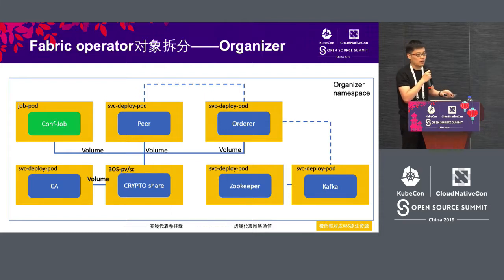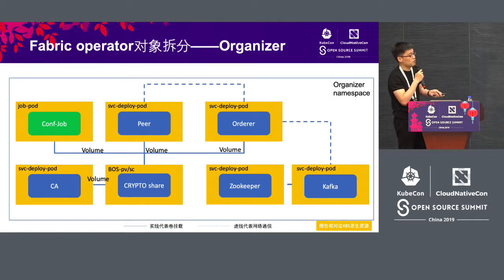Because as I have mentioned, this is kind of a certificate system. The certificate will be distributed to the different modules. We are using this kind of mechanism to realize that while connecting to Baidu Cloud, it is via the BOS.